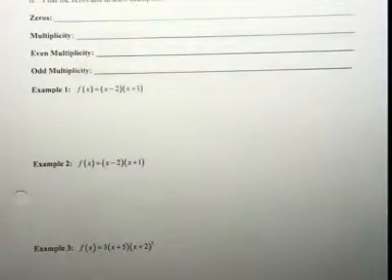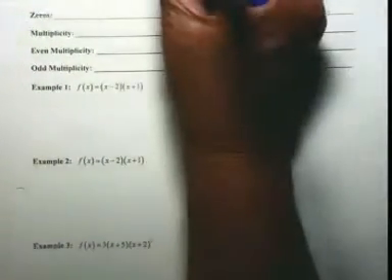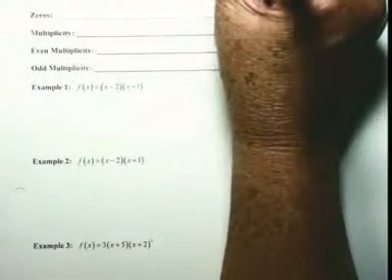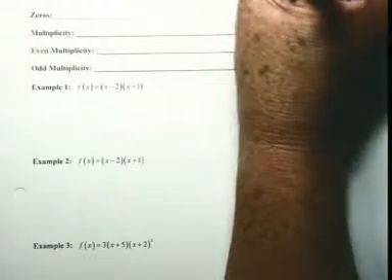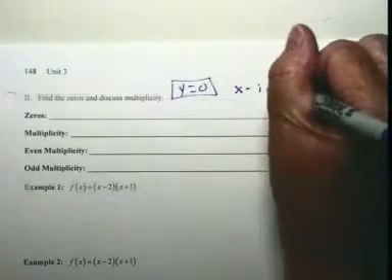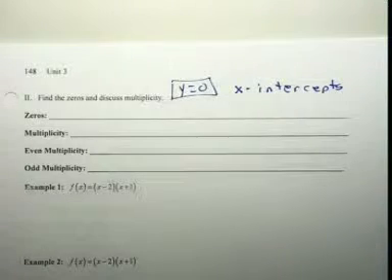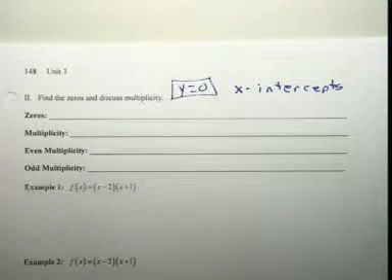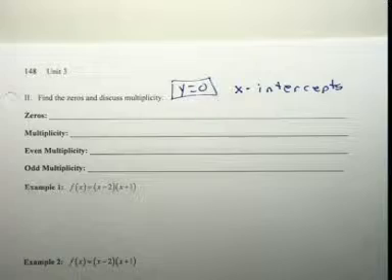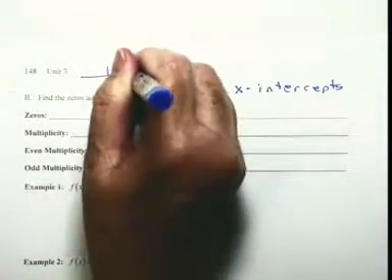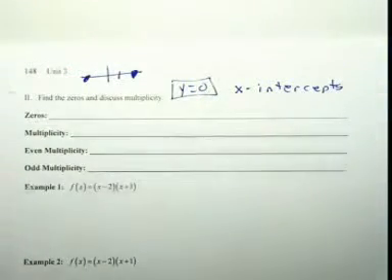Now, we're going to discuss the end behavior, and then we're going to find the zeros. And the zeros are where y equals 0, or where they cross the x-axis. The zeros are where we set the equation equal to 0. When y is 0, that's going to give you the places that you cross the x-axis.